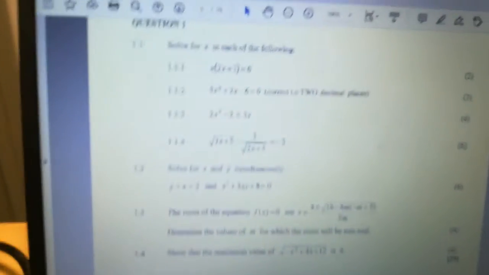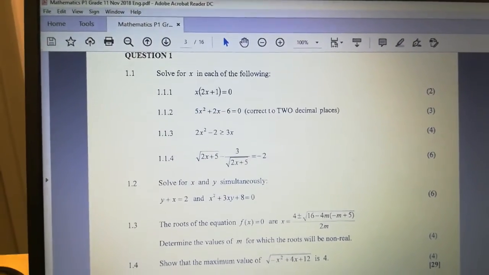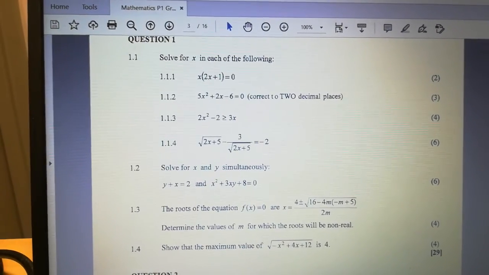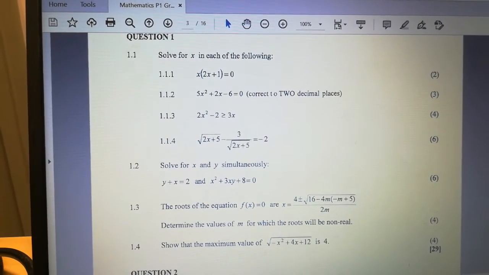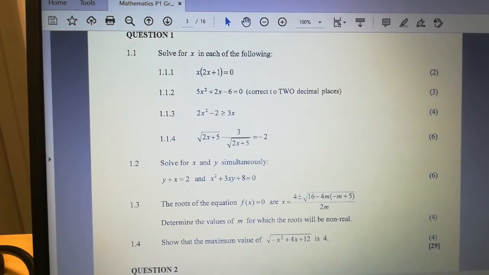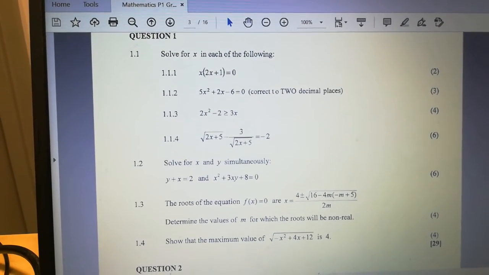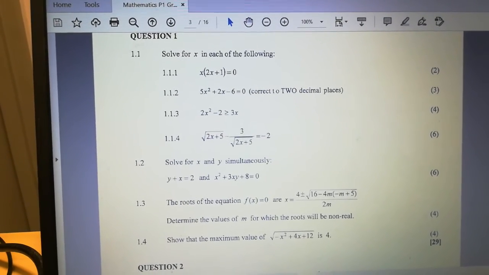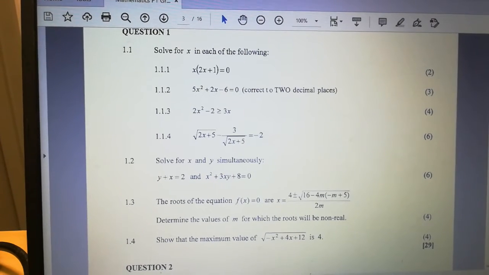As you can see, this is the question paper from the year 2018. You can see that question 1 is composed of solving quadratic equations and inequalities. You might need to use surd rules here and there, and then we have to solve a simultaneous equation at 1.2.